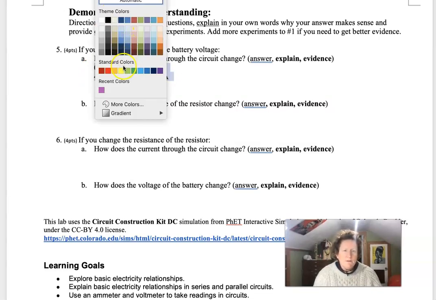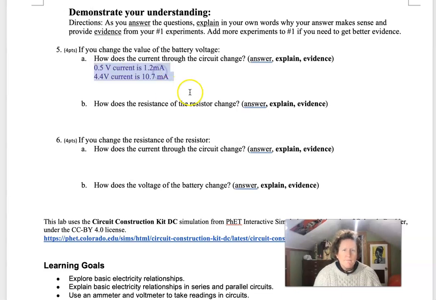Change those to a different color. So that's my evidence. I can explain if I increase the current, or excuse me, if I increase the voltage, the current increases.